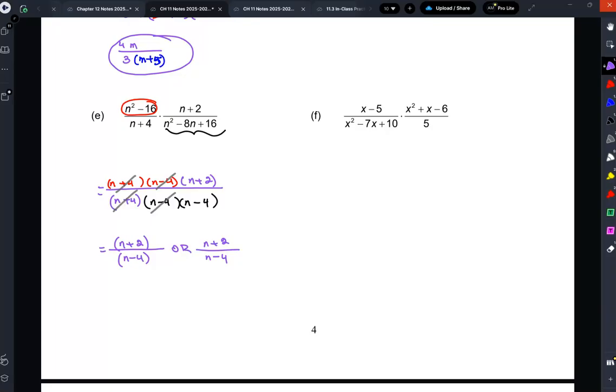Okay? What if you were to make it like n, n plus 1, n minus 2? No, because it doesn't factor that way. Understood. Okay? All right, let's do this one. X minus 5 doesn't cancel. This one, I'm sorry, it doesn't reduce is what I meant.